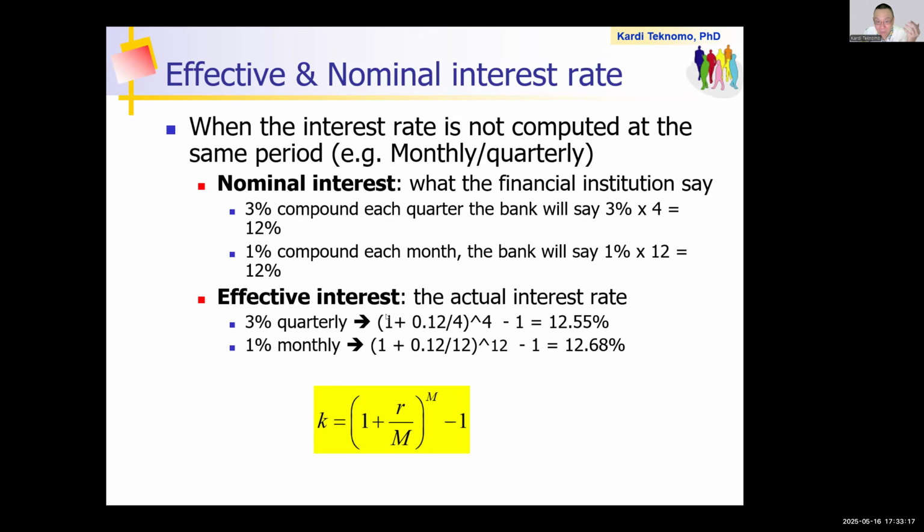So be careful, the way they compute is actually effective interest. So 1 plus this 12% divided by 12 months, and then exponent of 12 minus 1. And this is the actual interest rate. The bank will probably prefer the nominal value, but the money lender will say this value, because it is slightly higher.